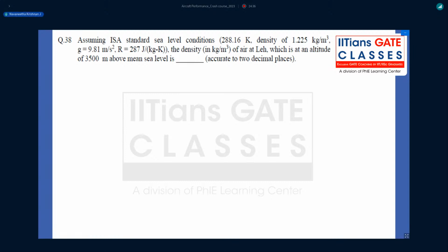Density of air in Delhi, which is at an altitude of 3,500 meter above mean sea level, is dash, accurate to 2 decimal places.